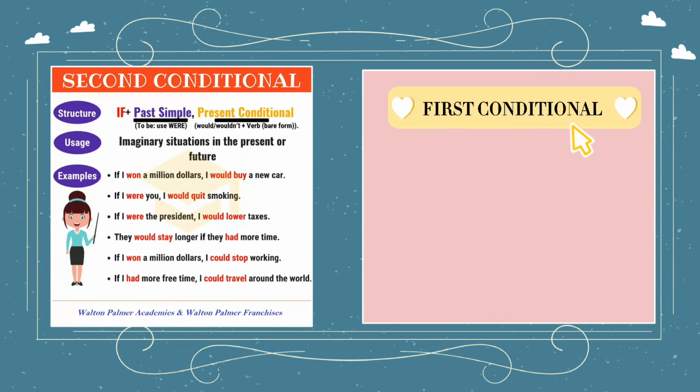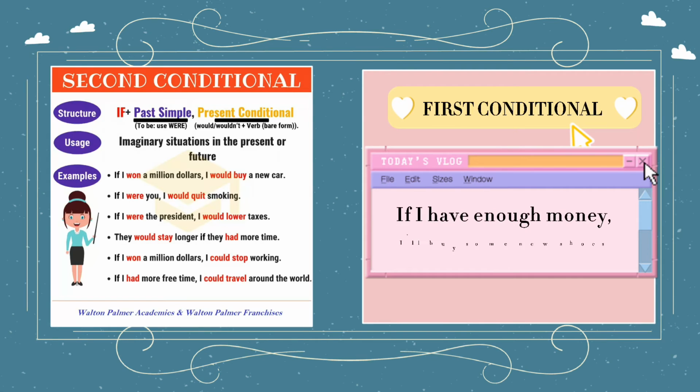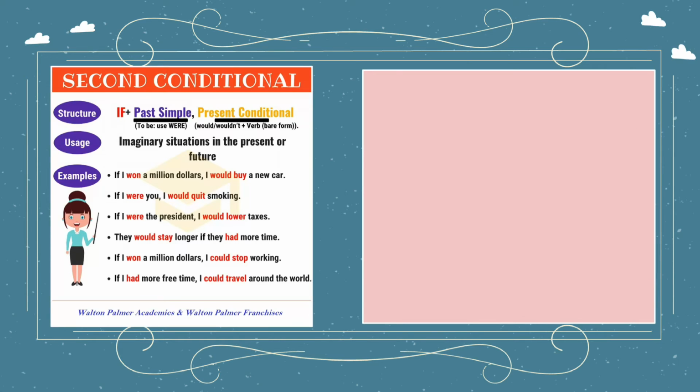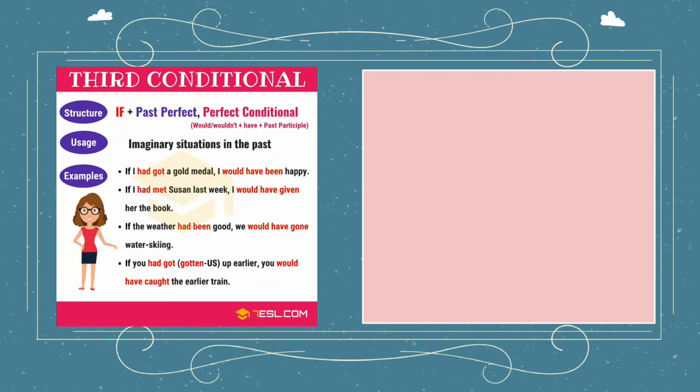However, for the first conditional, if I have enough money, I'll buy some new shoes, which is much more likely, that I will have enough money to buy new shoes. So that is the difference between the second conditional and first conditional.